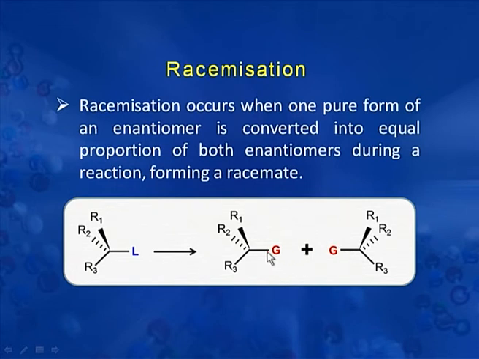But sometimes, in many reactions, it is not 100% racemization; one of the isomers may be more and the other may be less, which depends upon other factors in the reaction. But if both the isomers are formed, we call such a process racemization, and generally this type of observation we find in SN1 type of reactions.